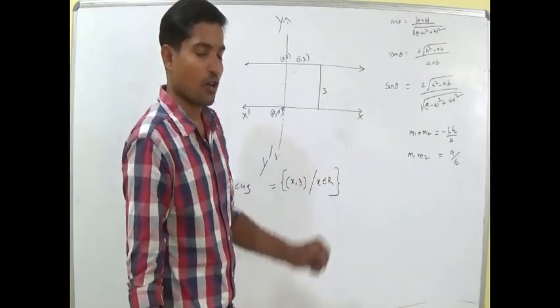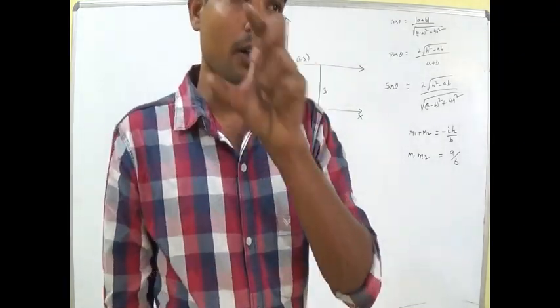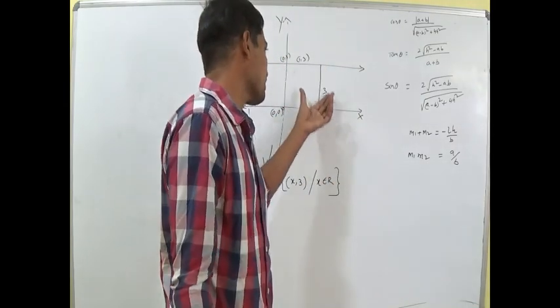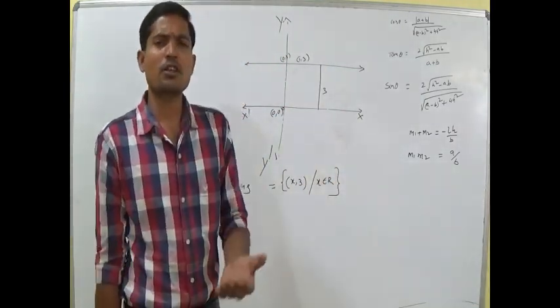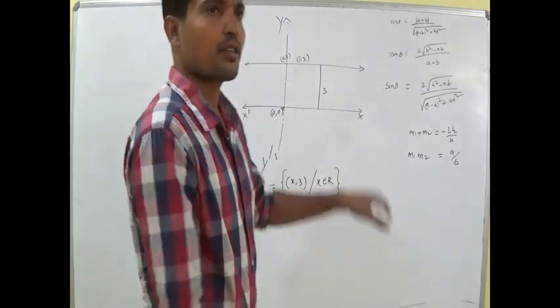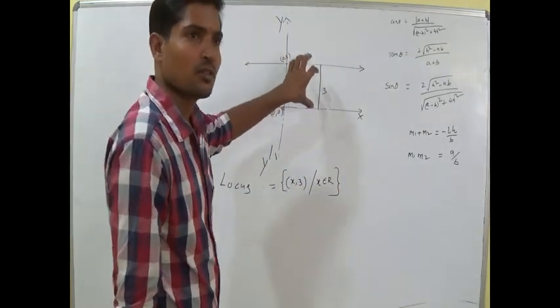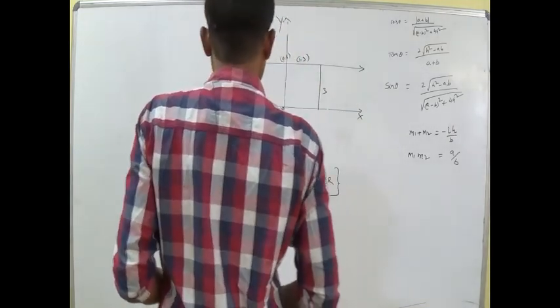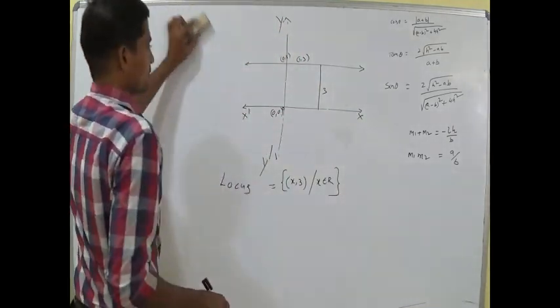Because x belongs to R, every point on this line satisfies a geometrical condition which is 3 units distance from x-axis. That is also parallel to x-axis, right?